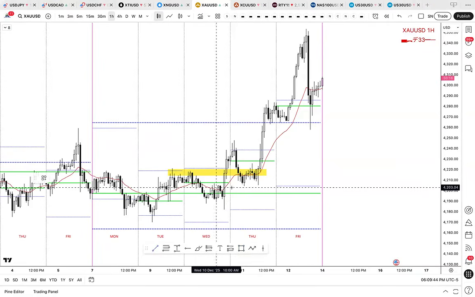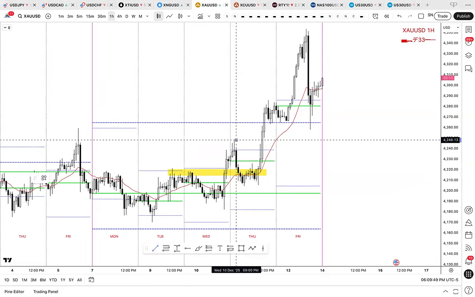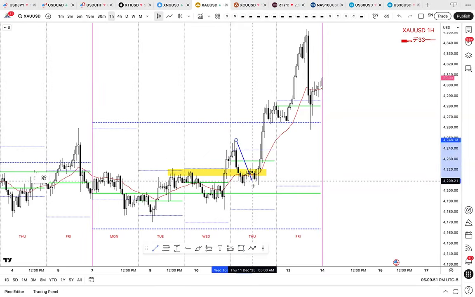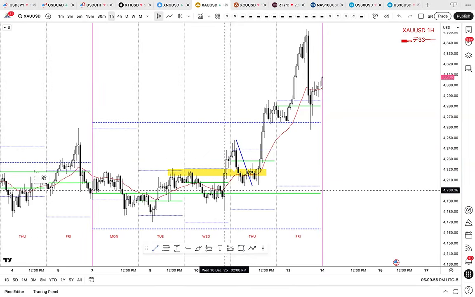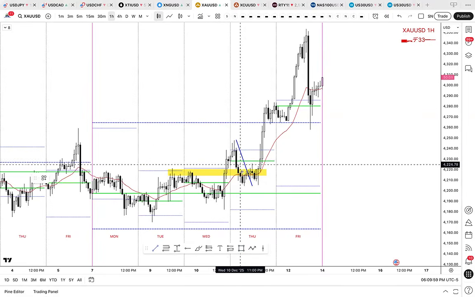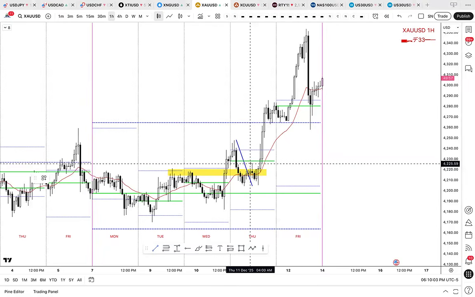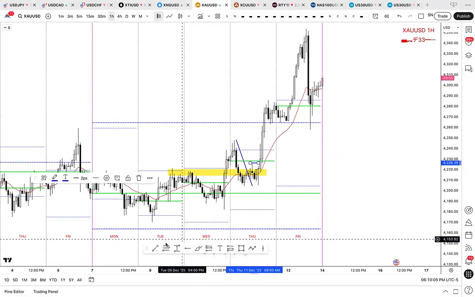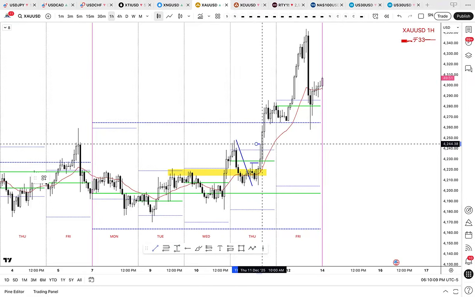Now, just because I'm at this zone doesn't mean I will get in immediately. I need bullish sentiment to step in. I need to see a change in direction, a change in trend, a change in behavior, backside behavior, higher highs on the backside, which again, I don't care for that.